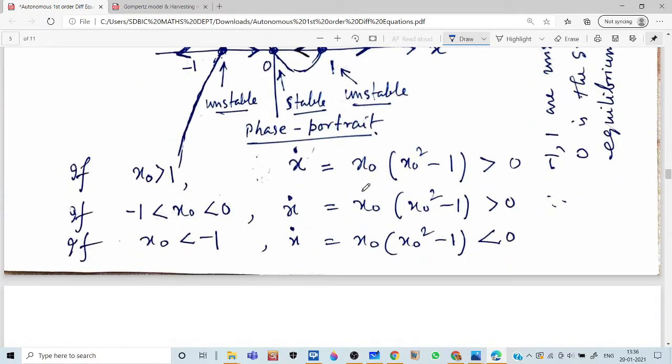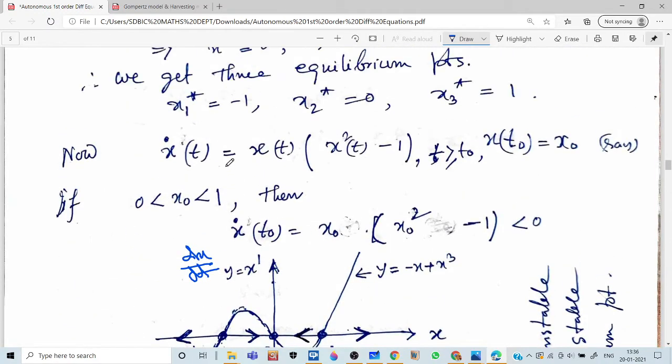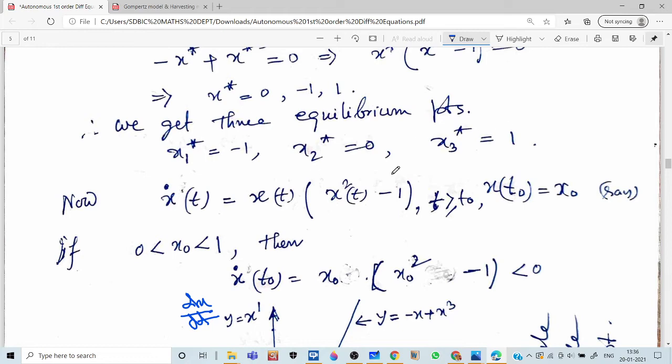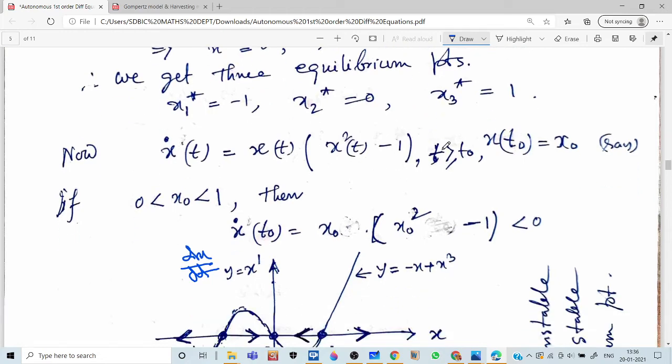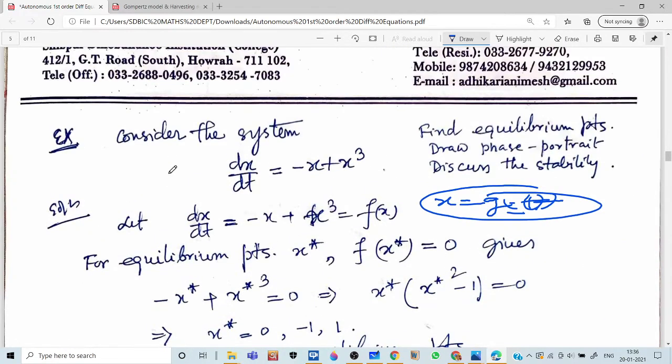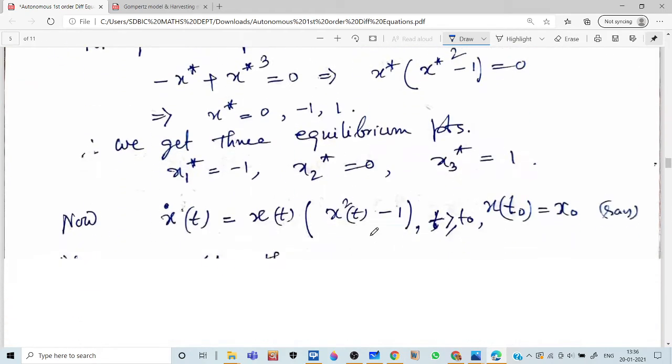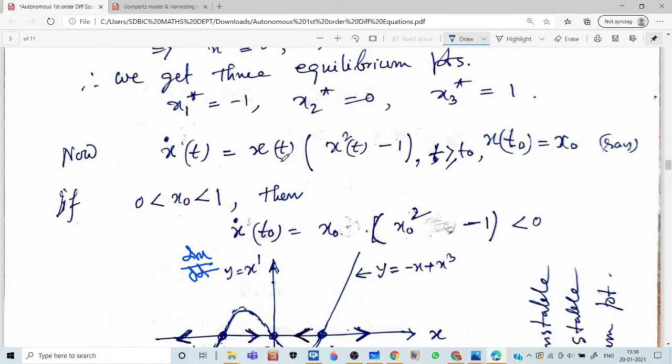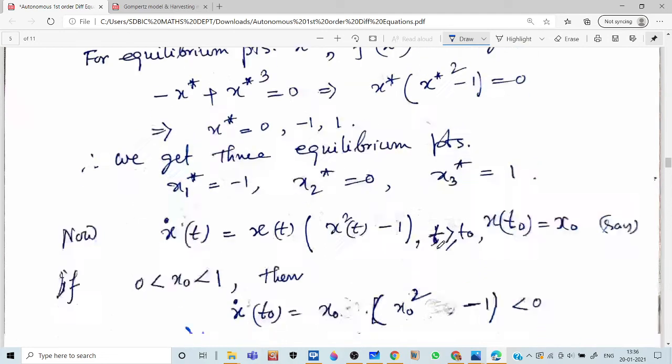So we find these equilibrium points, and these equilibrium points are also solutions of the given nonlinear first order differential equation, dx/dt equal to this.